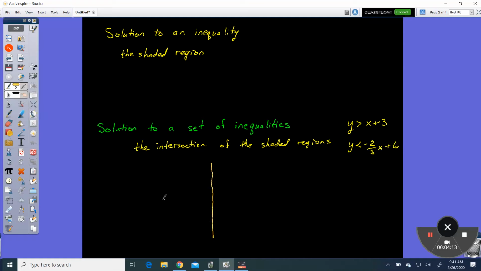So I grab my coordinate axis. Y is greater than x plus 3, so I'm going to come up here. Okay, so I'm going to come onto here, plus 3, up 1 over 1, up 1 over 1, dotted line.